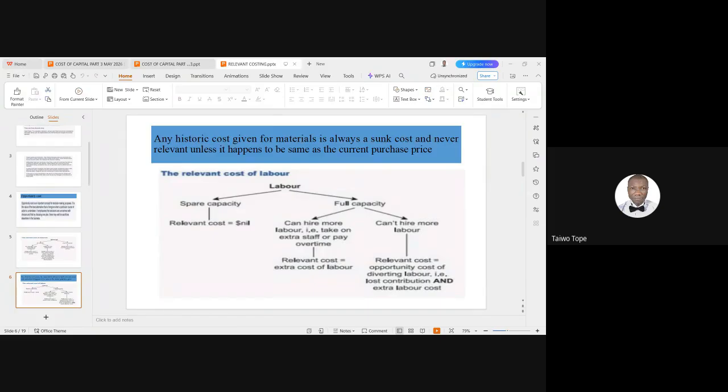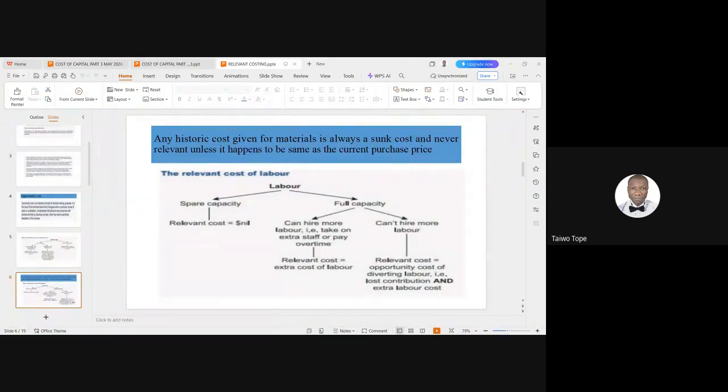So the confusion in this aspect will be, why are we still paying them what we've agreed to pay them in Department A plus the lost contribution? Because the relevant cost in this case, where you are moving some of your workers from a particular department to another, would be the contribution you are supposed to get in Department A. But because these workers are not there, you are losing that contribution.